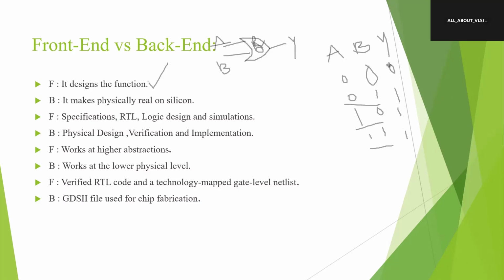So in these three cases, we have 1 as high, so we are getting output as high, right? I think you guys are very familiar with the functionality of the OR gate and all.